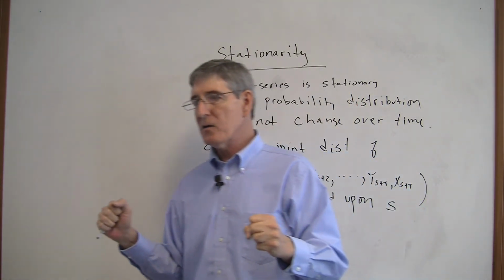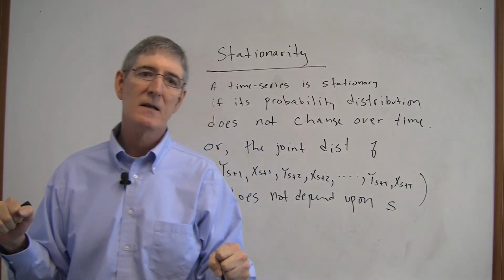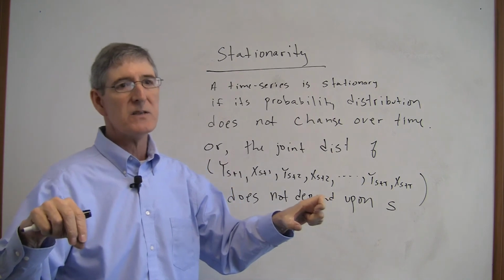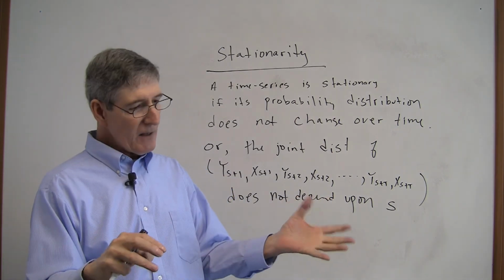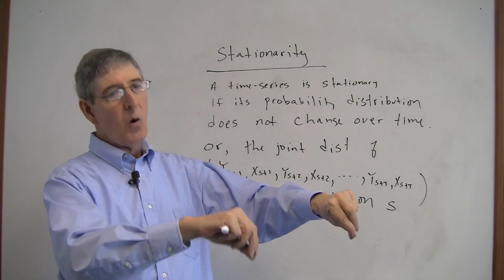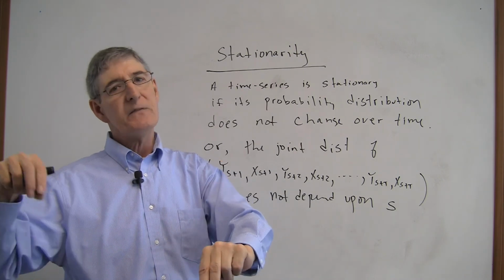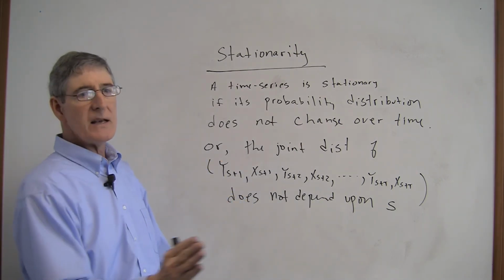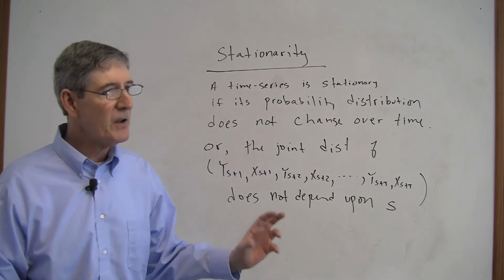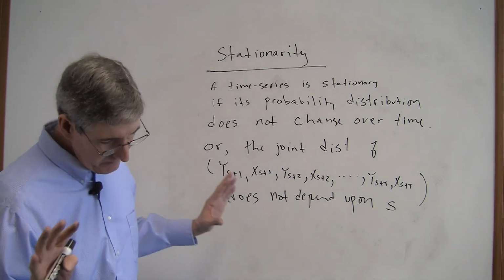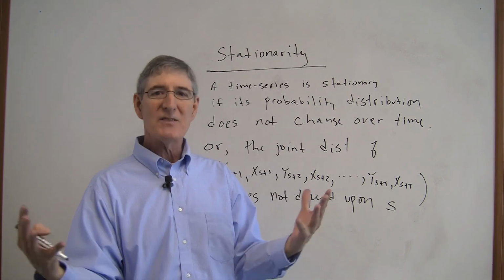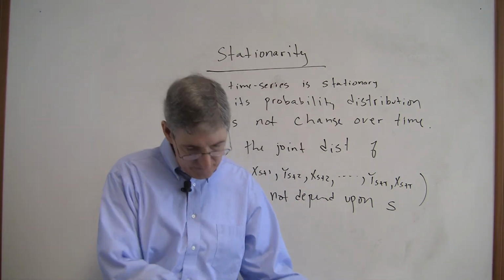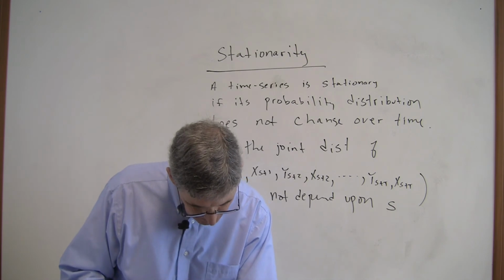If you look at the autocorrelations of a time series, say the correlation between y_t and y_{t-2}, it doesn't matter if I look at the correlation of y80 and y78, or y50 and y48, or y3 and y1. Those correlations have to be the same. If they're not, then something's changed, and that past data won't be a reliable guide to the future.